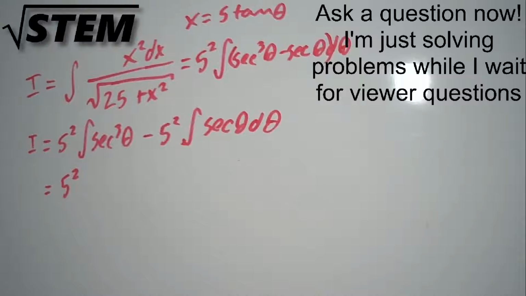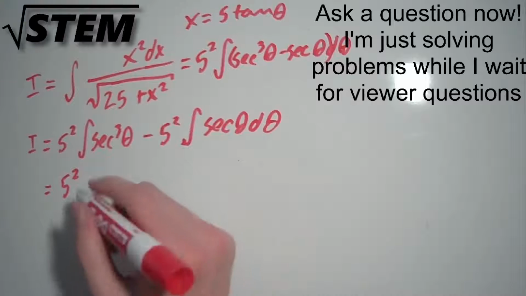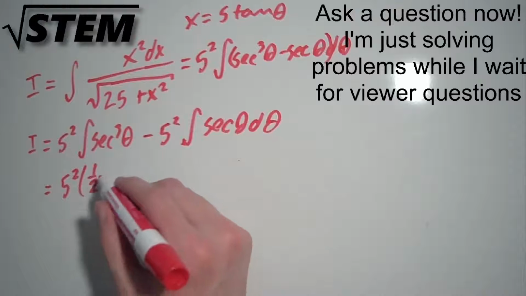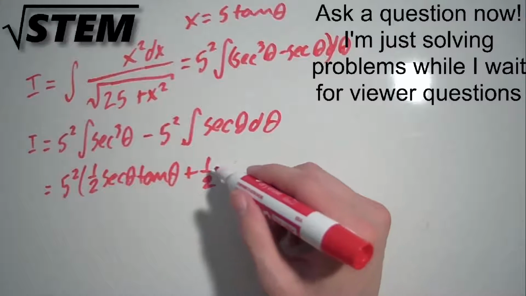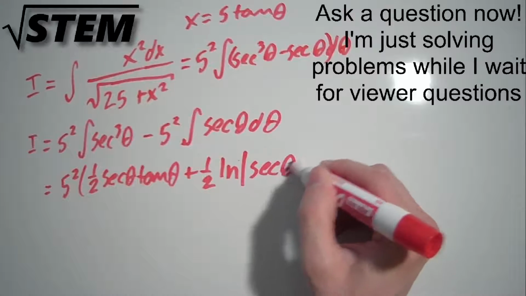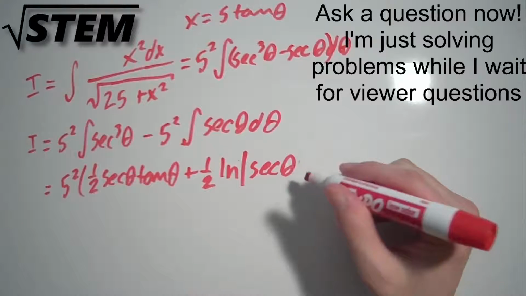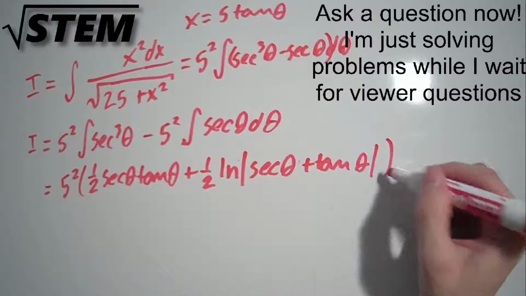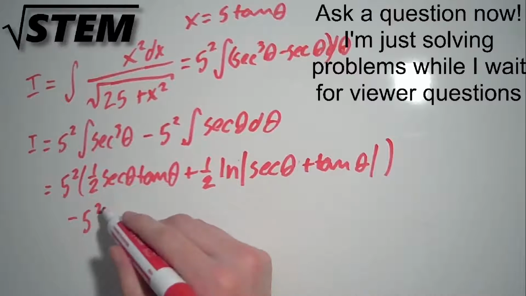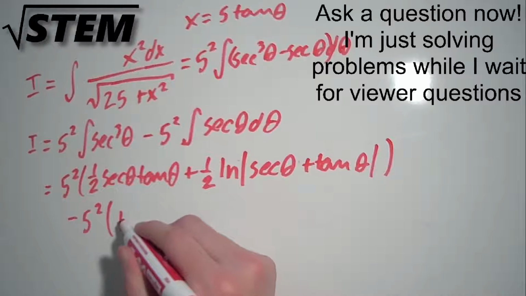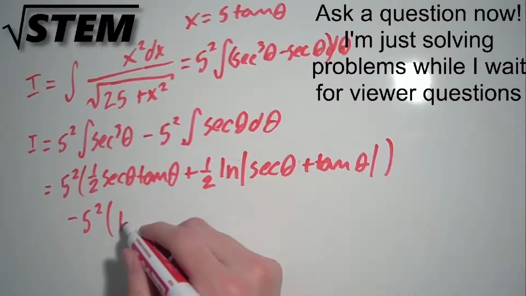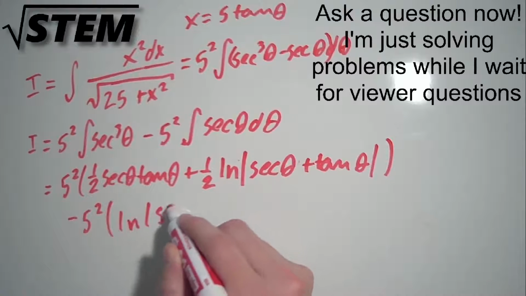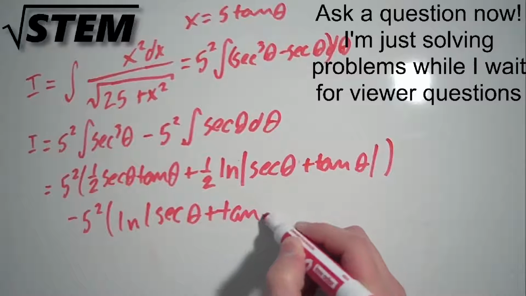From our table, the integral of secant cubed is a half secant tangent plus a half the natural log of secant plus tangent, minus 5 squared times the natural log of secant plus tangent.